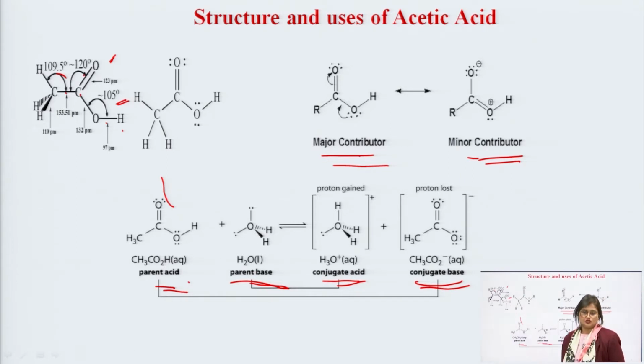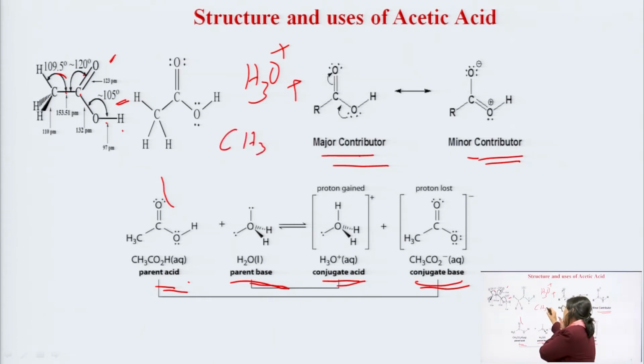So, when acetic acid is placed in water, the resulting product is a mixture of a conjugate acid and a conjugate base: the conjugate acid is H3O+ and the conjugate base is CH3COO-. When a parent acid reacts with a parent base, a mixture of conjugate acid and base is formed, which is the hydronium ion and the carboxylate ion.